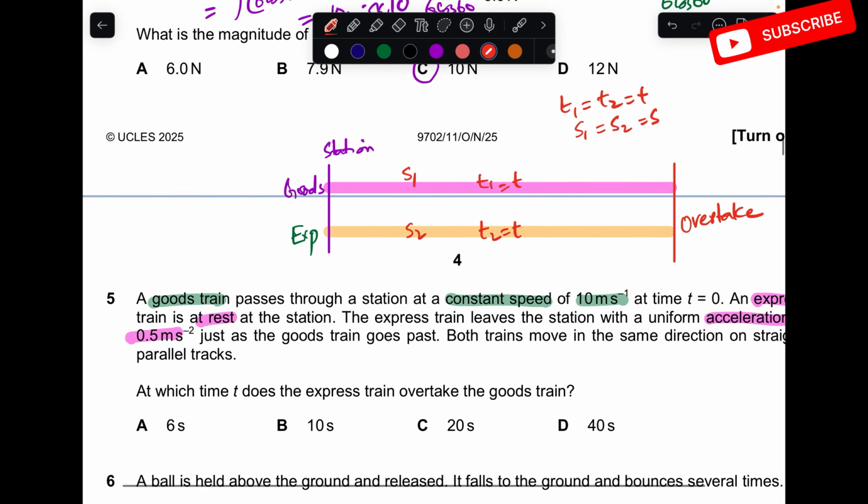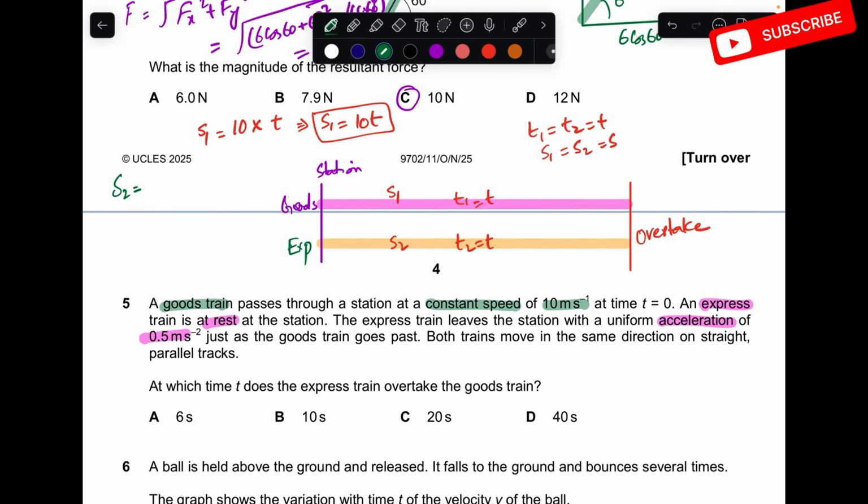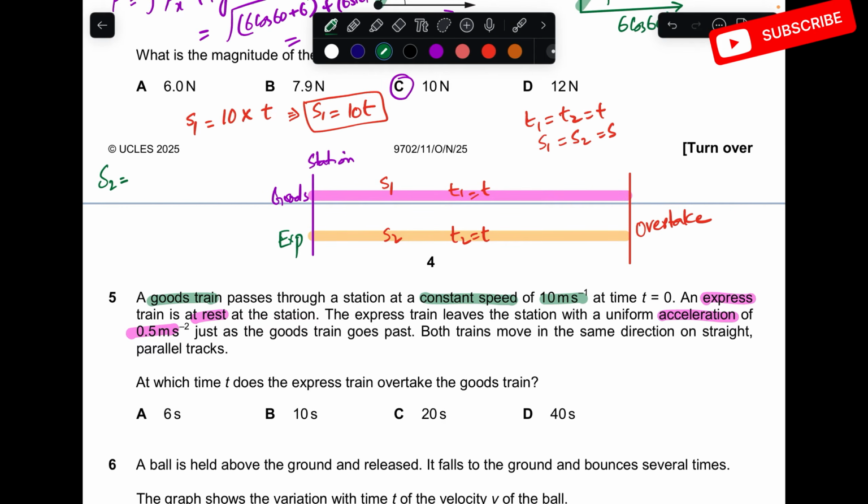So for the distance, s1 can be written as the speed, which is constant, 10, multiplied by the time. So s1 equals 10t. When I do it for s2, s2 is accelerating, so we have to apply an equation of motion. s equals ut plus half at squared can be applied because we don't know the final velocity.